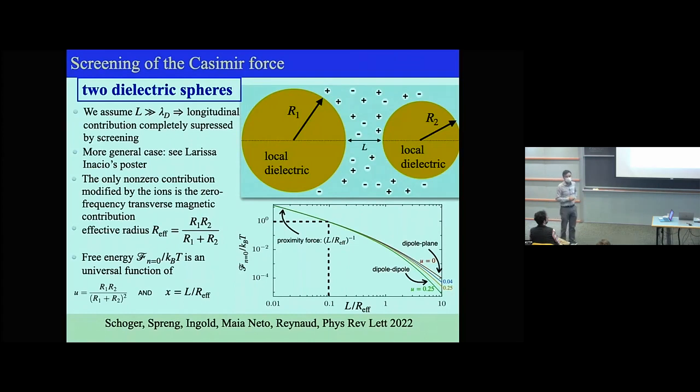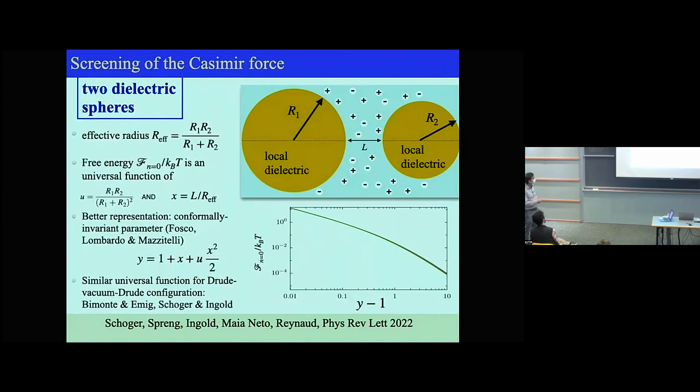But there is a very nice way of capturing this u dependence, which is by introducing this variable y, right? And I think Fernando has nice papers on this. So this is a conformally invariant parameter.